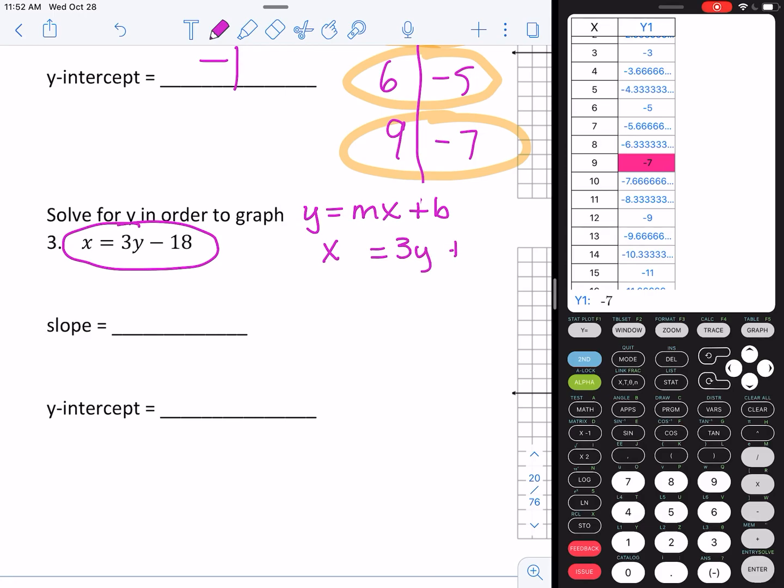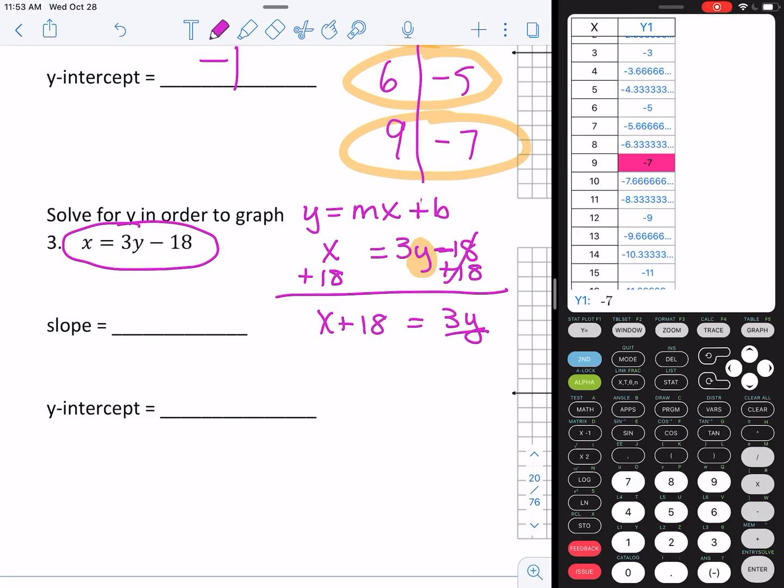Minus 18. So if I want this y by itself, I want to move the other things away from it. So I'm going to add 18 to both sides. So that gives me x plus 18 equals 3y.